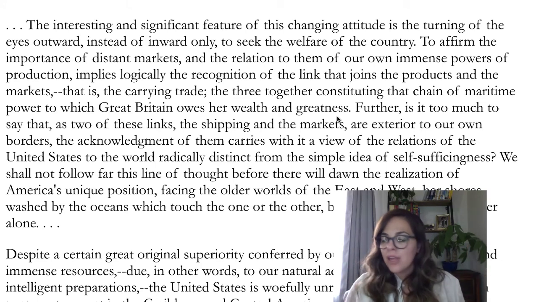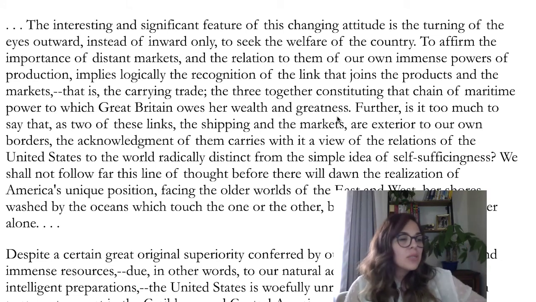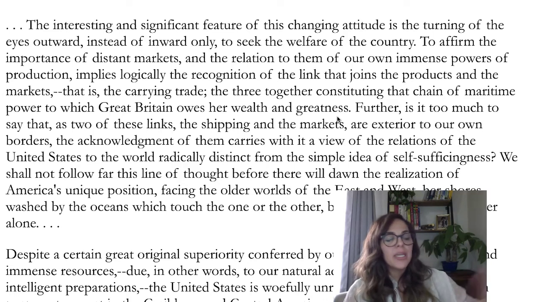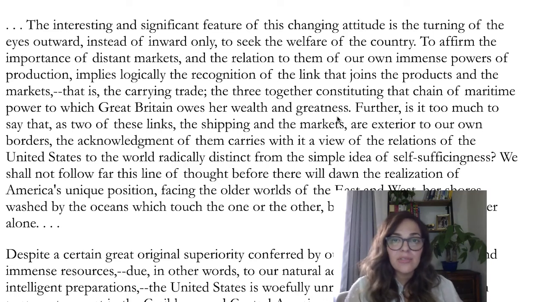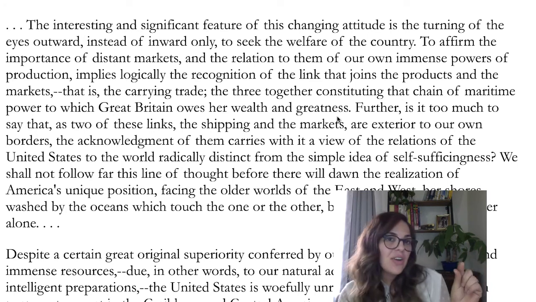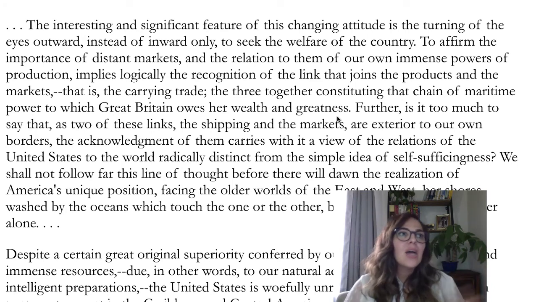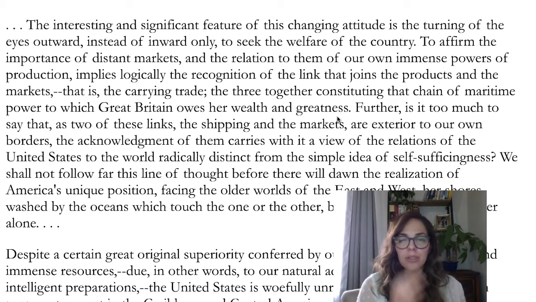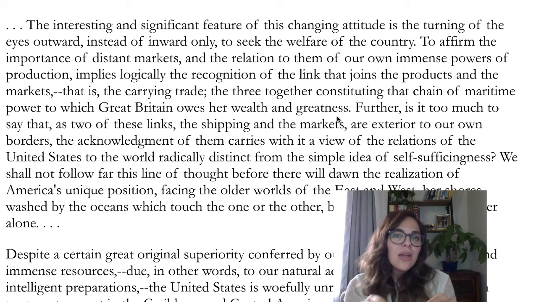What is Alfred Thayer Mahan saying here? Okay, he has written this whole book depicting and charting the success of Great Britain as a nation, this tiny little island nation, and how did it manage to become this powerful? Because at the time, Great Britain is the most powerful country in the world. But then he starts talking about the United States, and then he starts making these connections, right?